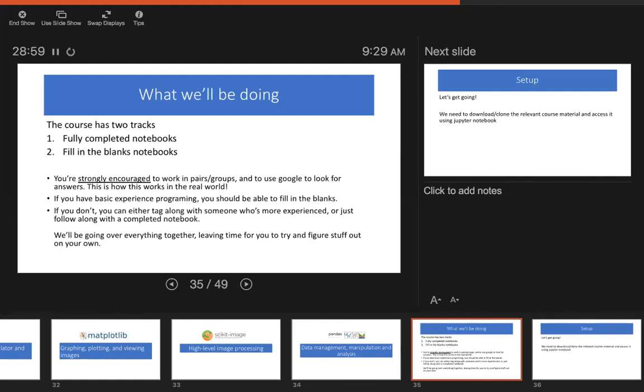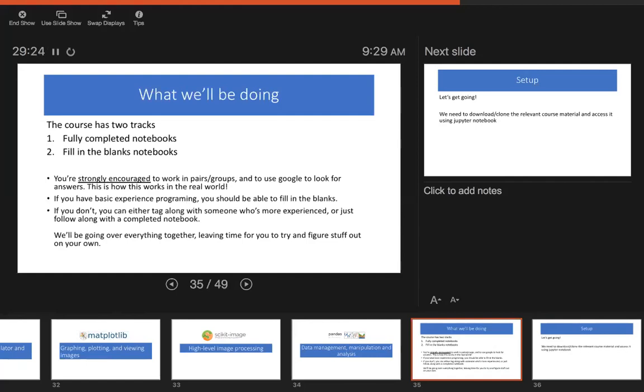One is called the teacher notebook, and one is called the student notebook. The teacher notebook is fully completed, so you can go over it and see everything in it. If you have really no experience at all programming, and you're really scared of trying, you can do that. This is less recommended.